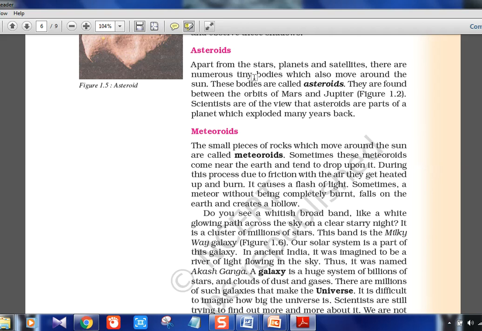They are solid rock materials in space, moving around the sun, and they can even come and strike the Earth. Even for the dinosaurs' extinction, one version of the story is that an asteroid hit the Earth and that is how the dinosaurs became extinct. That kind of thing you should know.